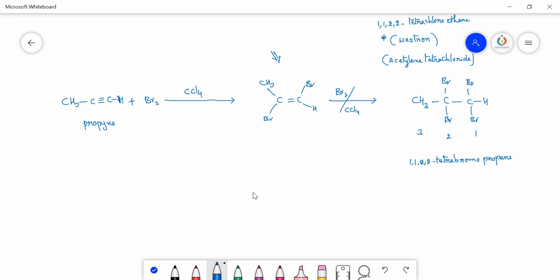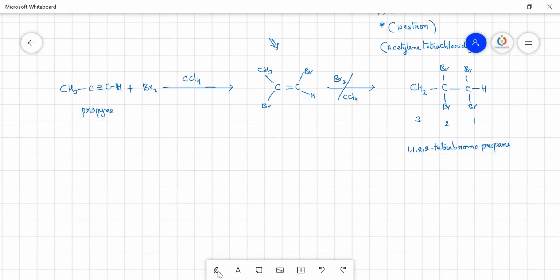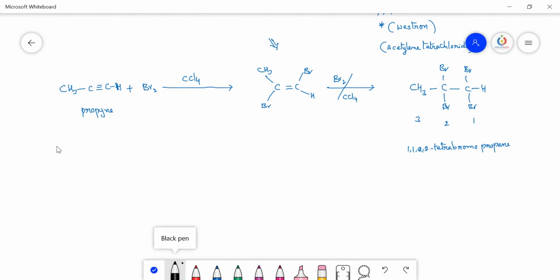Now, from this reaction it is very clear, the important thing of this reaction is, anyhow this has been discussed in the alkenes topic, bromine is a colored liquid. We know that it is a reddish brown colored liquid. So this color will be decolorized.